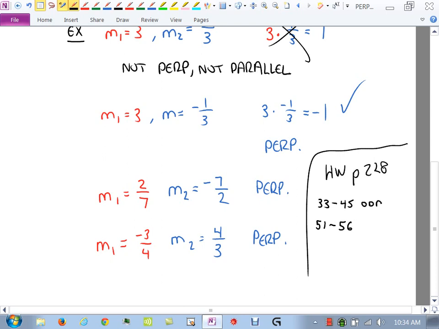Okay, the first one was odd, sorry. This one is all. And then 57 through 67, odd. That's a lot of homework right there. Y'all understand? 33 through 45, just do the odds. 51 through 56, do all of them. 57 through 67, do odd. Page 228.